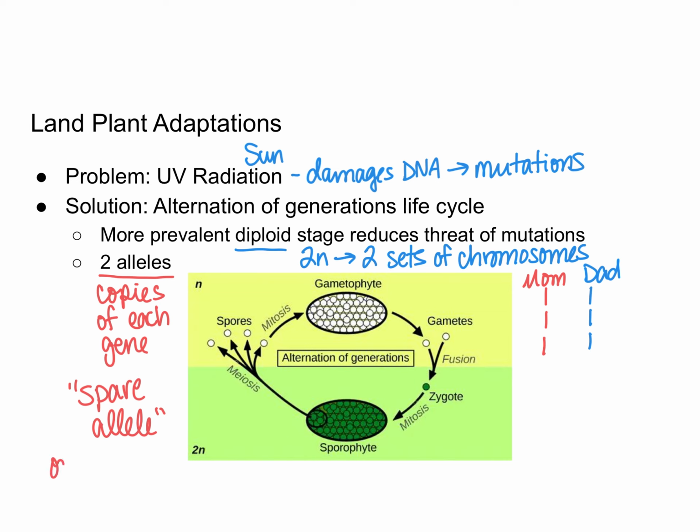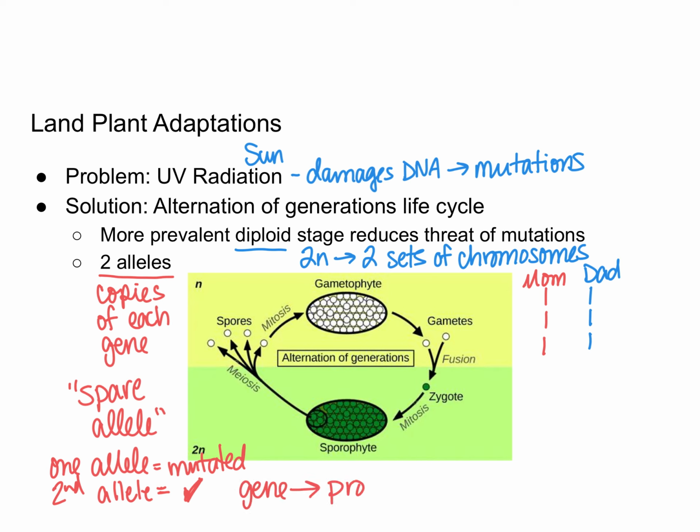One allele might become mutated, and then the second allele might not be mutated and might be okay and still able to produce the protein that it's coding for. Because remember, genes are the recipes for proteins.